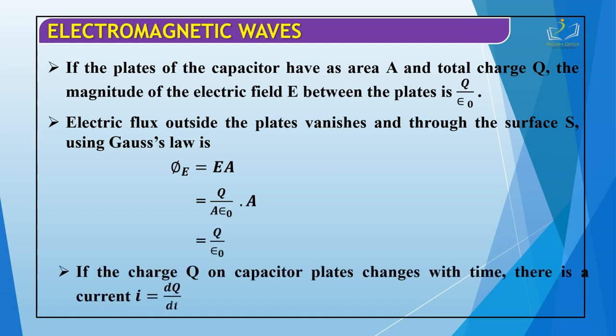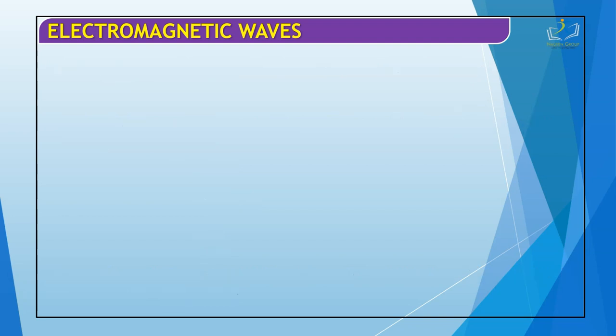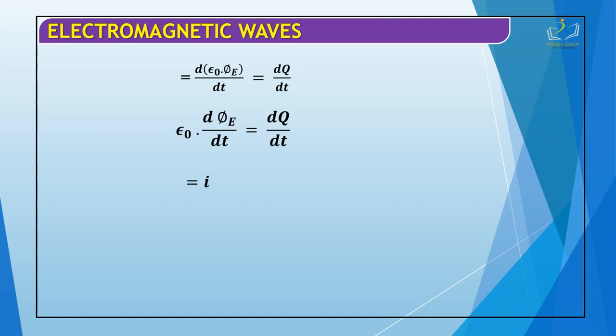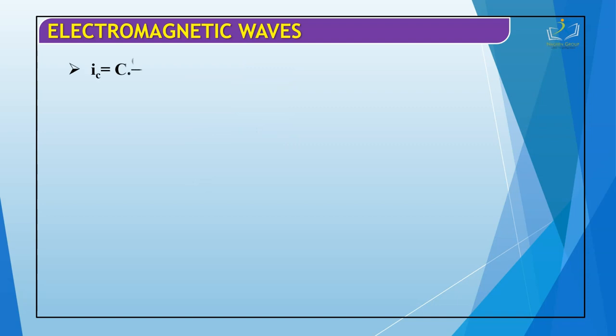If the charge Q on the capacitor plate changes with time, there is a current I equal to dQ by dt. So epsilon naught d phi_E by dt is equal to dQ by dt, which is equal to I.